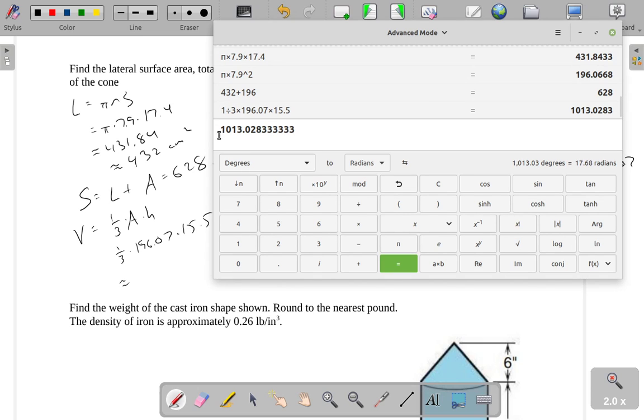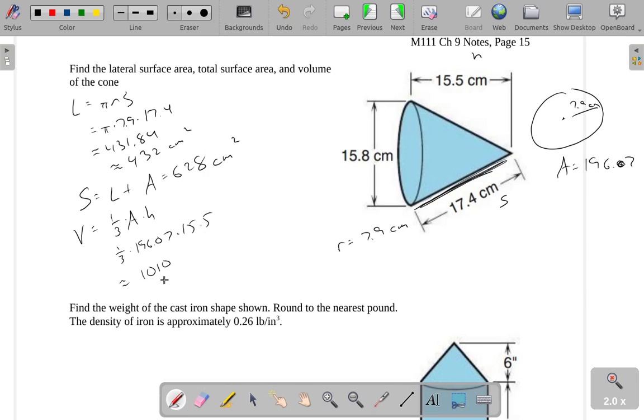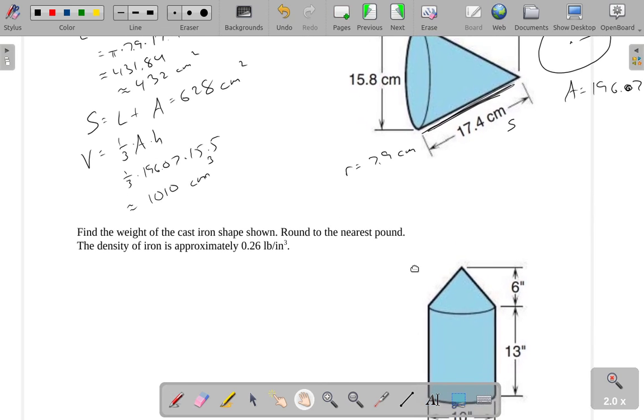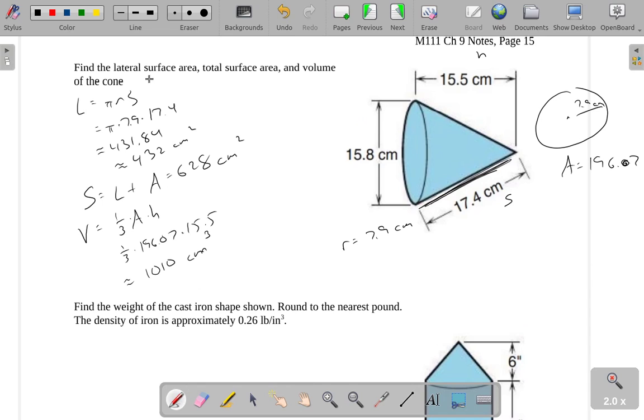Rounding this to 3 significant digits as well, since the other ones are, that's 1010 cubic centimeters. So I'm going to say round to 3 significant digits.